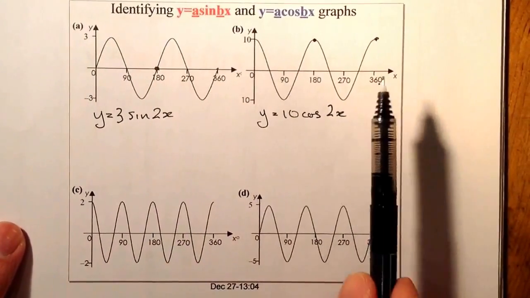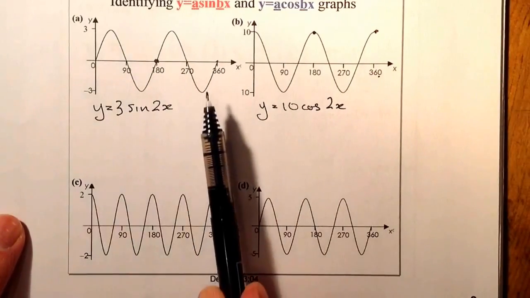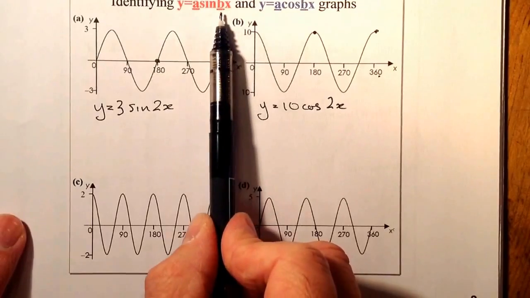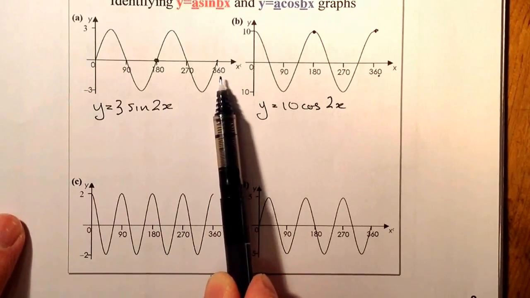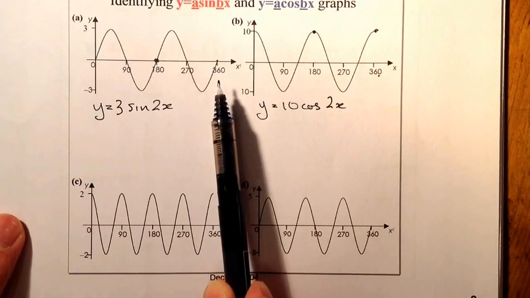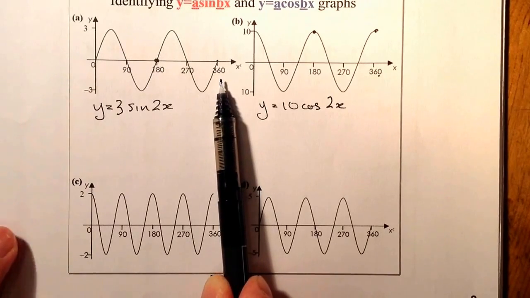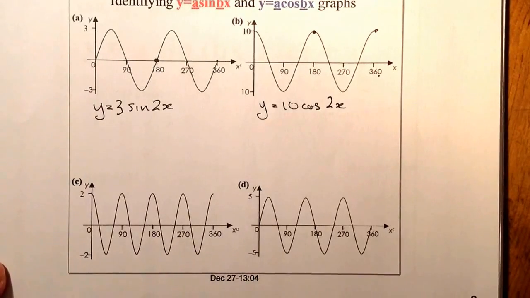Just be careful when you do this type of work. When you're working with the change of the letter that tells you the number of cycles, always check to see that the graph goes up to 360, because sometimes it doesn't, and that could throw you a wee bit when you're doing your questions.